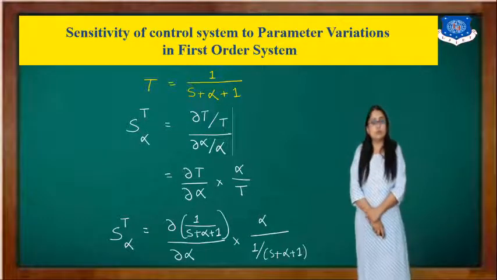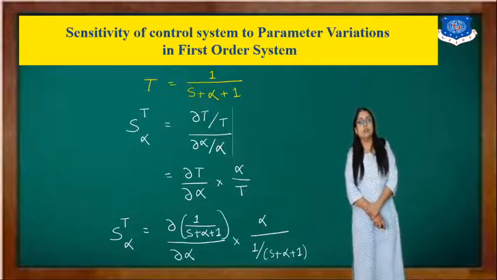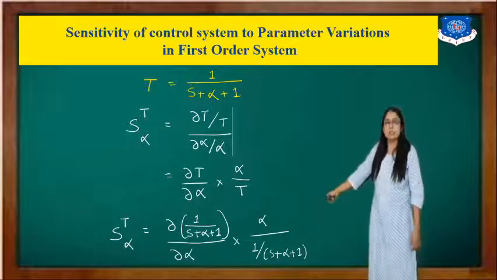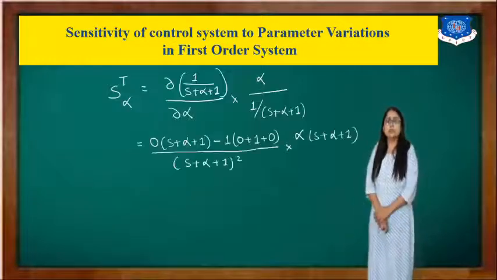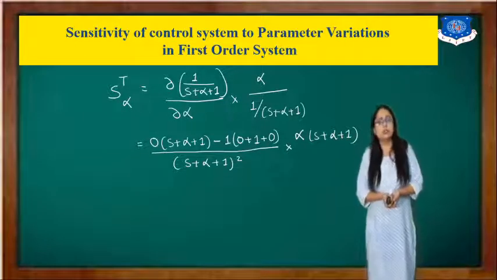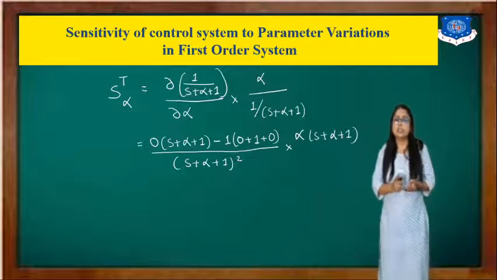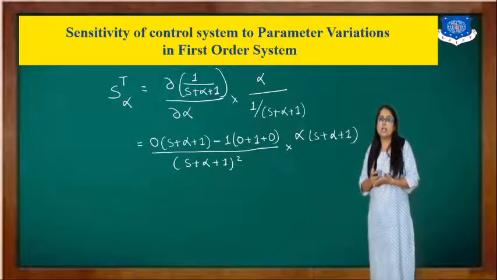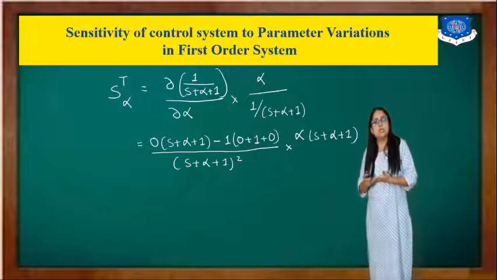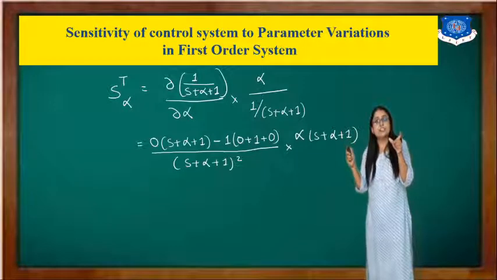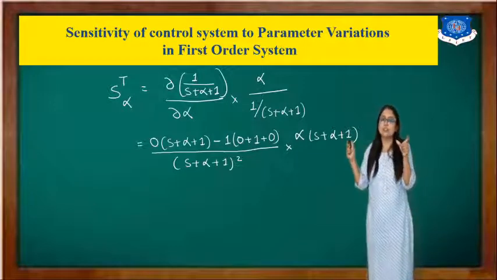Now we have to find the differentiation of 1 upon S plus alpha plus 1 with respect to alpha. Let's do that first. We will use the quotient rule. The differentiation of 1 is 0, the denominator stays as it is: S plus alpha plus 1, minus 1 as it is, times the differentiation of that bracket, S plus alpha plus 1.